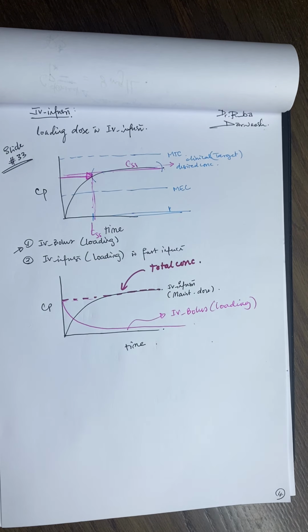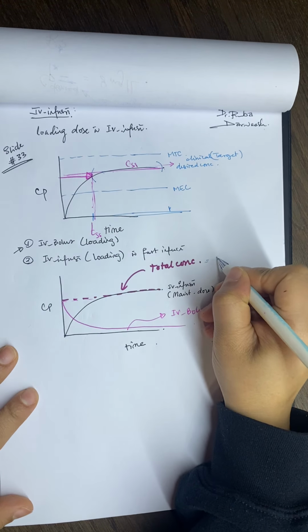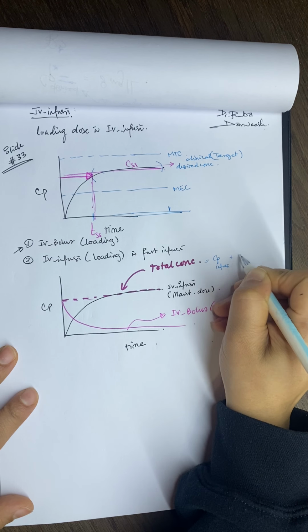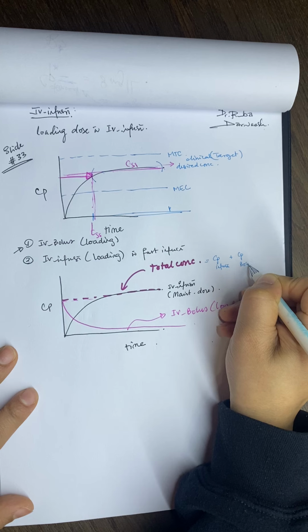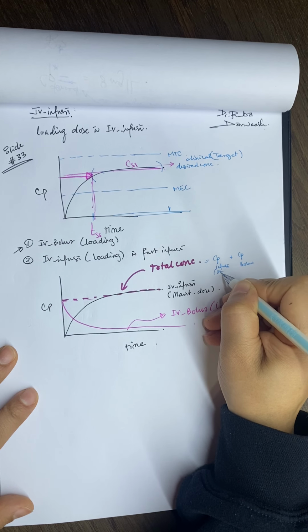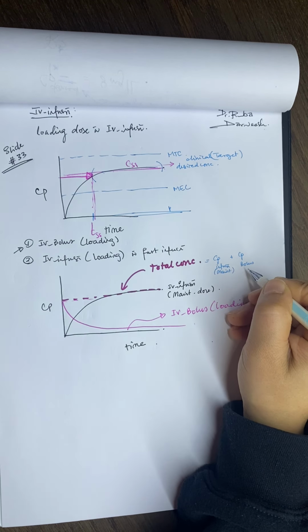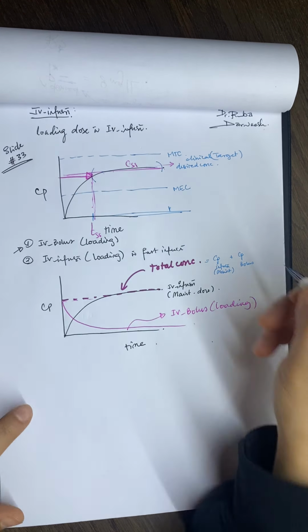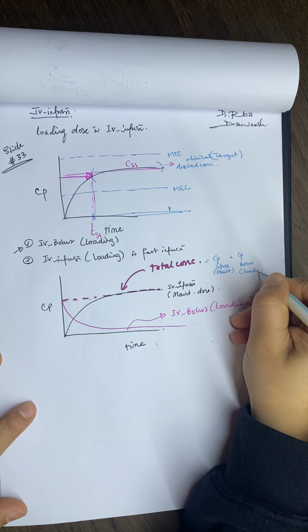Again, there are many cases for this, but this is the target that we are interested in, which is the concentration from the infusion plus the concentration from the bolus. This is the maintenance dose, and this is the loading dose.